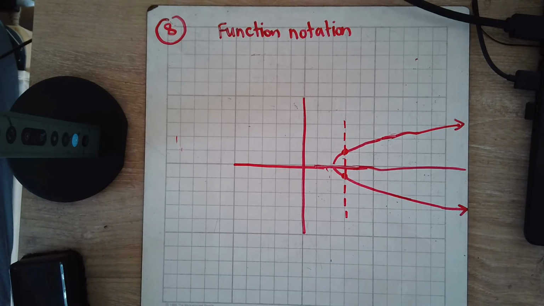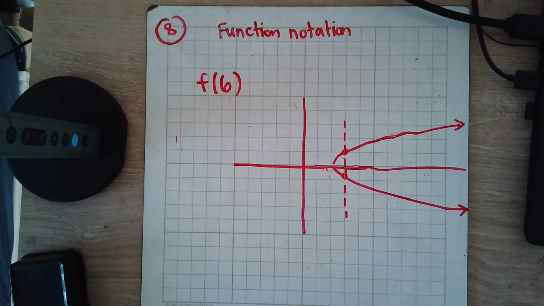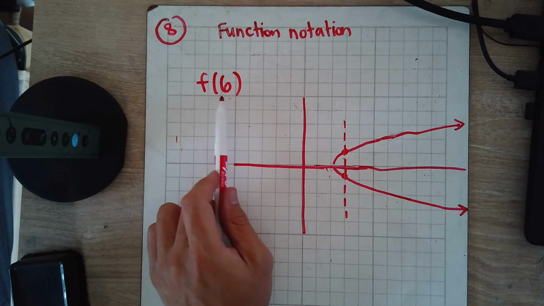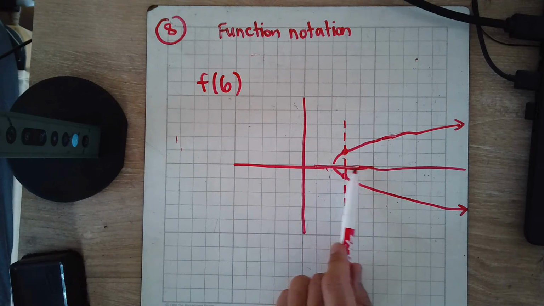All right, for number 8, they want to know what f of 6 is. So another way I could think of it is, I go to the right 6, because that's my input. My input is my x value. I go to the right 6, 1, 2, 3, 4, 5, 6.